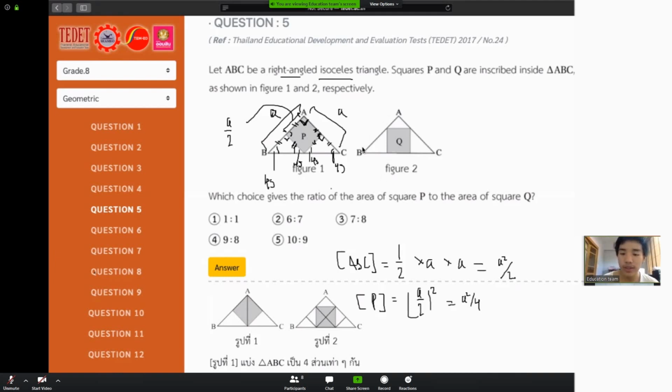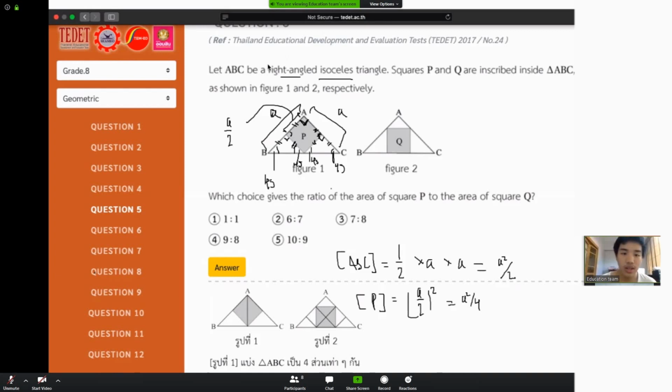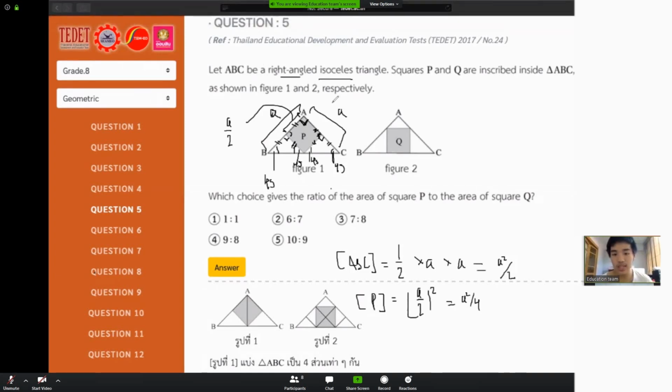Okay, now Q is much harder to do actually. Okay, do we have time? Probably. With Q we have to think, same story, right? This is 45, that's 90 and that's 90, so that's parallel. Is everyone okay with that? Those two lines are parallel, so that's 45 because they're parallel, that's also 45.